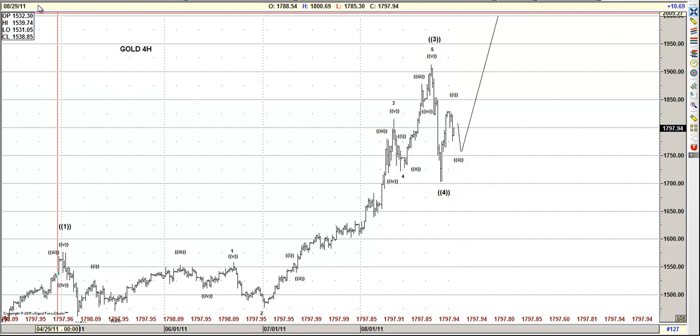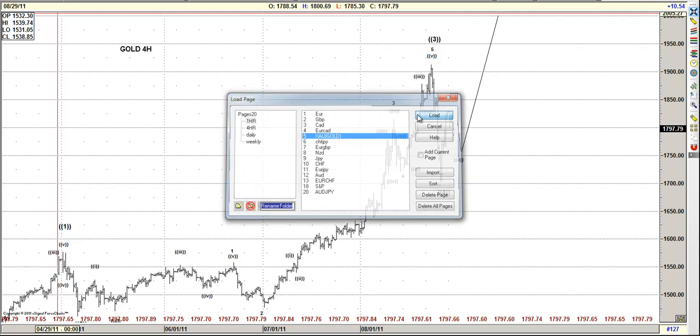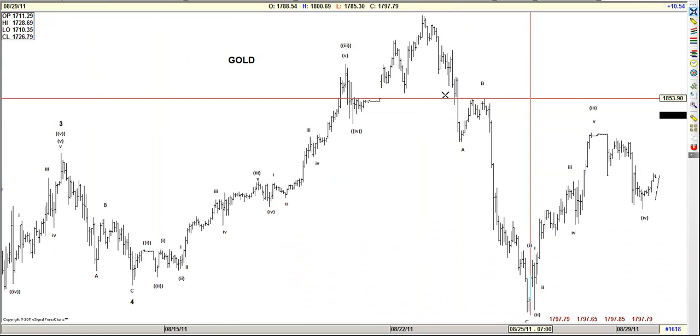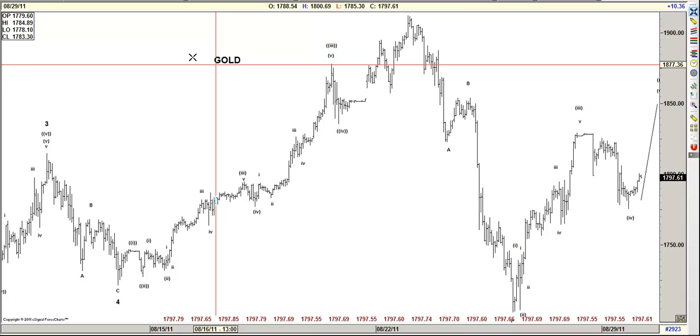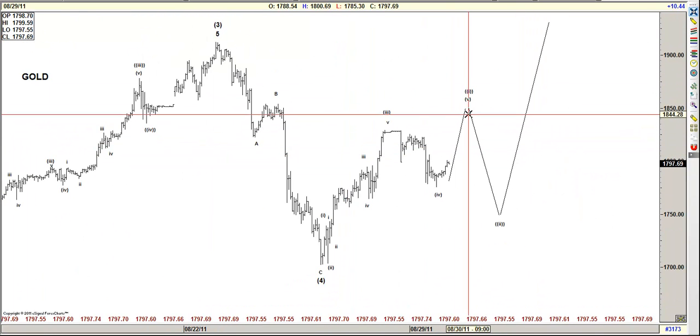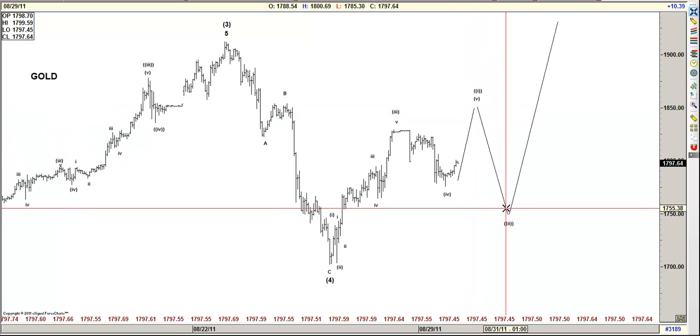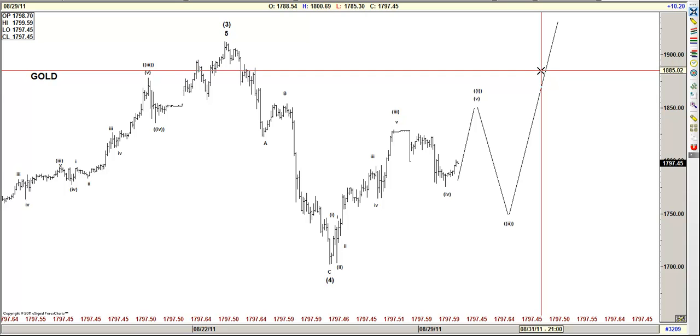Let me show you the 1 hour right there for gold. Something like this, when we get a high, and then it's going to be 3 backs and higher. We got a target, guys, of 2040, 2070 in gold.